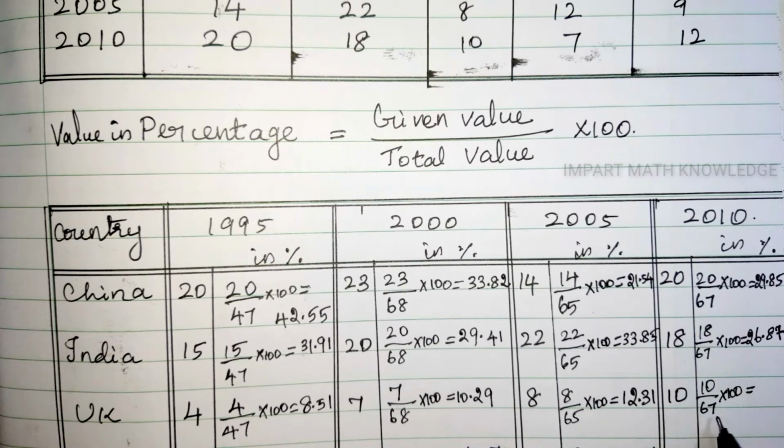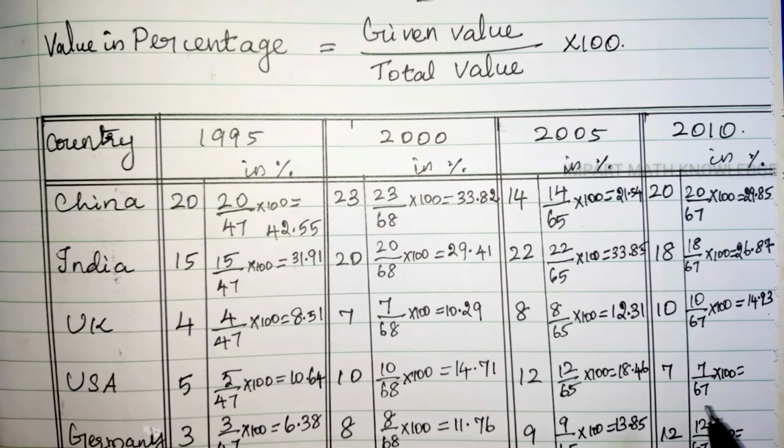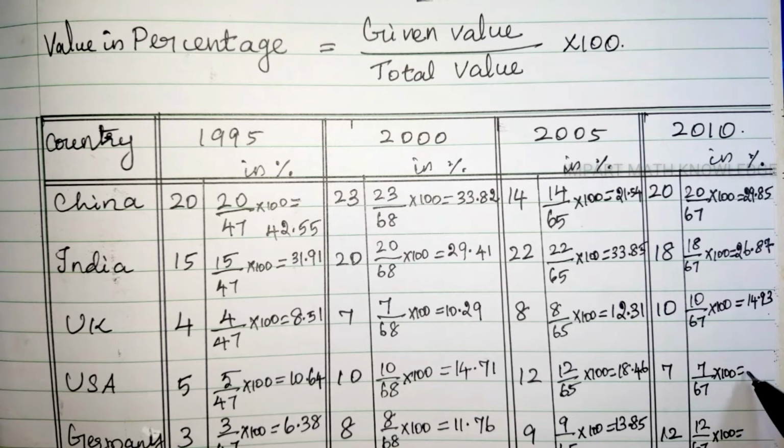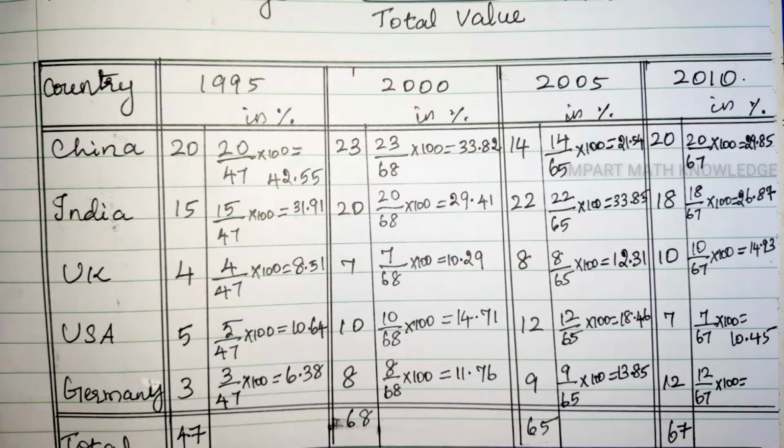So 10 divided by 67 into 100 is 14.93. And for USA, the birth rate is 7. 7 divided by 67 into 100 is 10.45. For Germany, the birth rate is 12. 12 divided by 67 into 100 is 17.91.